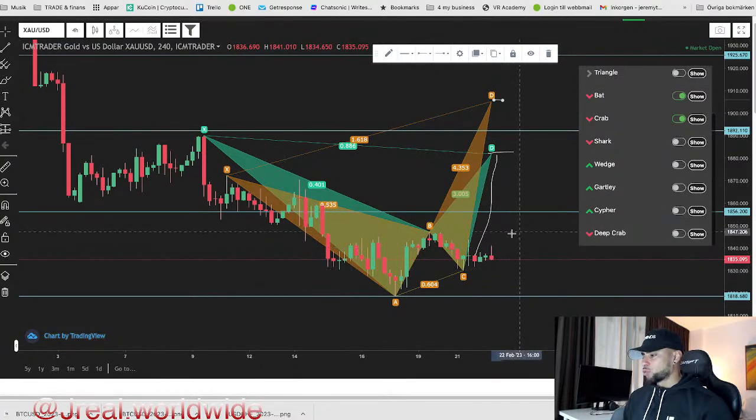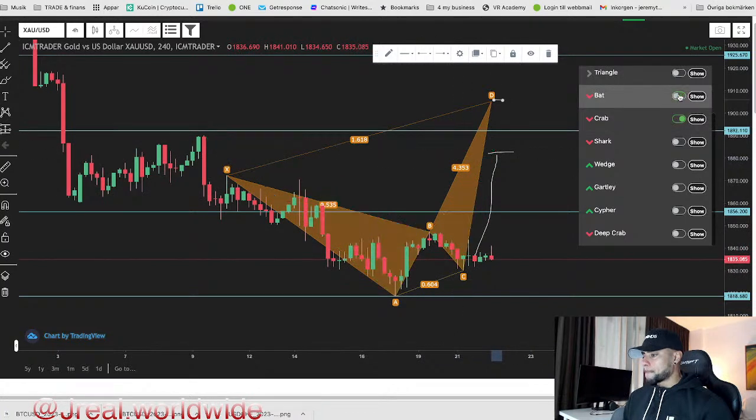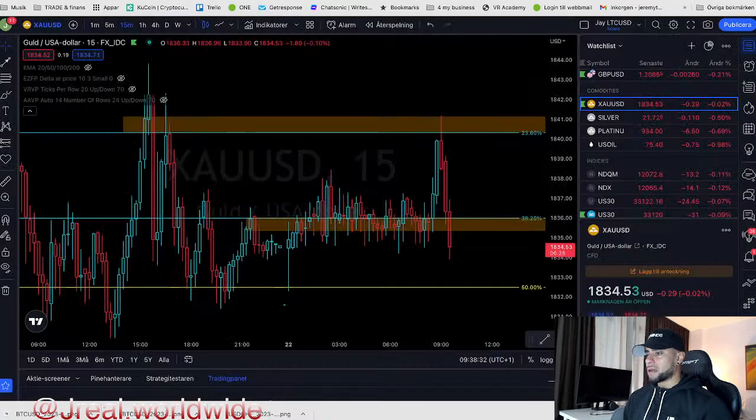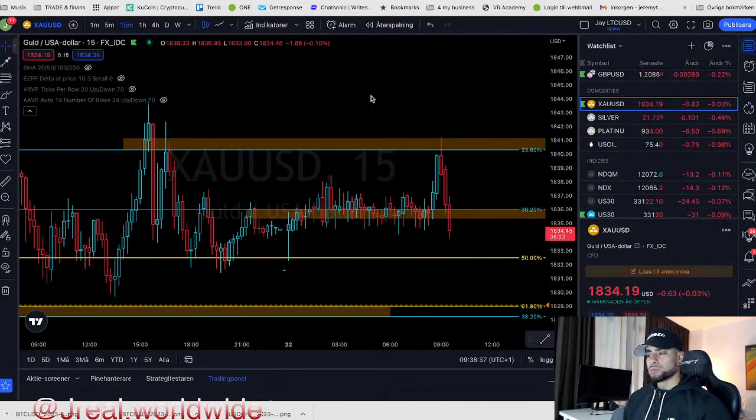And for that to happen, of course, the market has to go up. So for the bat pattern to be completed, the market has to hit 1882. Now, what I like about this is that it's confluent with 1880, basically the US dollar price target for gold. And we know that gold loves to hit round numbers. By the way, we're having a breakout we're looking at soon.